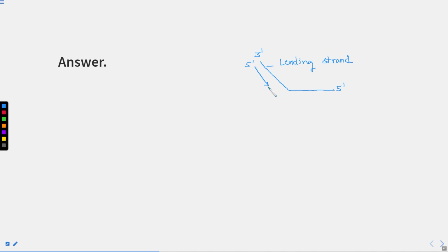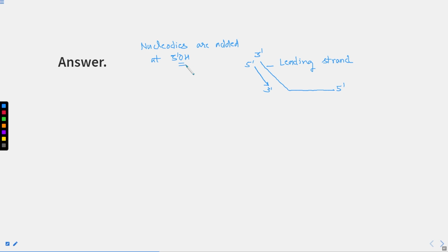From 5' to 3' direction, because new nucleotides are added in the 5' to 3' direction, and nucleotides are added where? They are added at the 3' OH.